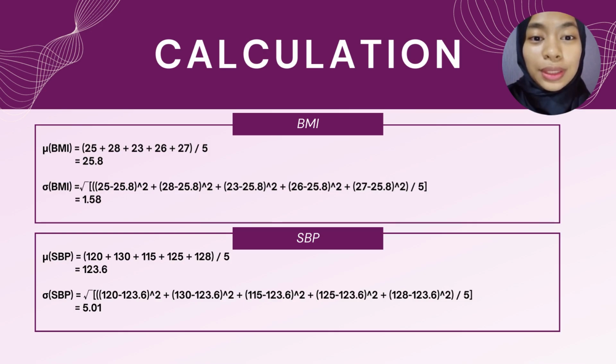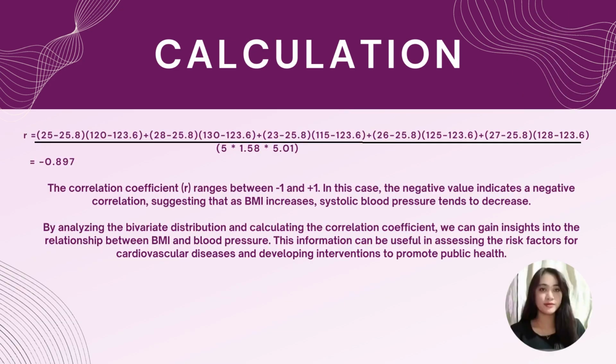Now we substitute the data into the formula. For the BMI, the mean is 25.8 and the standard deviation is 1.58. For the SBP, the mean is 123.6 and the standard deviation is 5.01. By using the formula to find the correlation coefficient, we get R equal to negative 0.897.